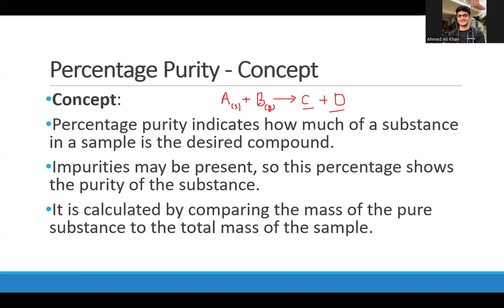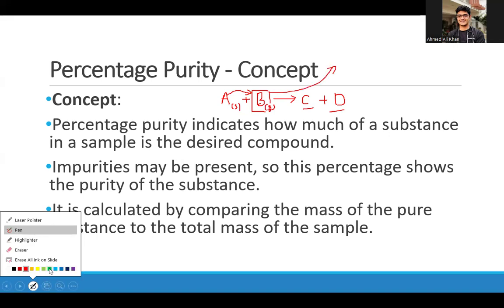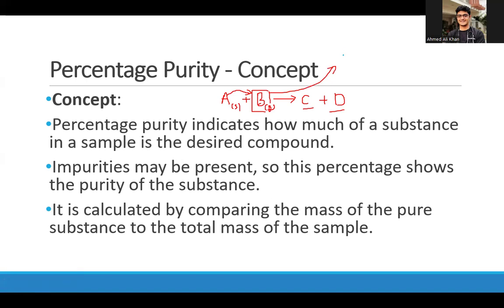But what if this solute has some impurities? It's not 100% pure B. Some of this A may react with the impurities in B and form some additional compounds that we know not of.